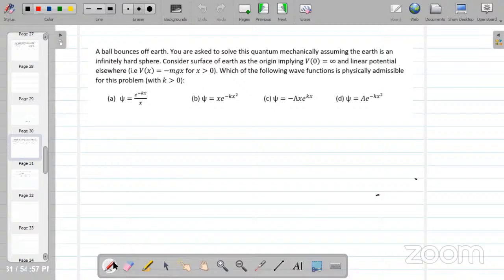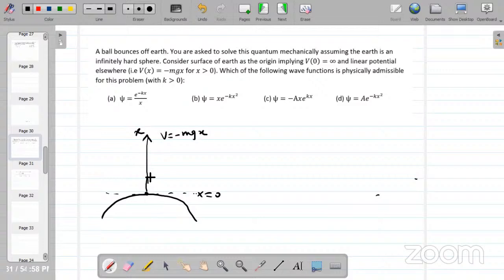It is possible. So we have the Earth, right? It is at x equal to 0, and V is equal to minus mgx as we go on.